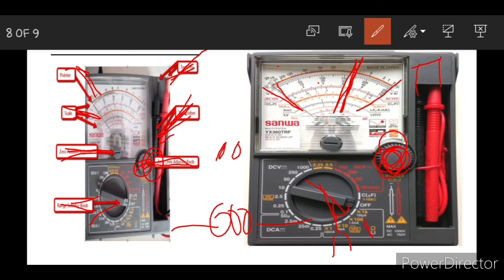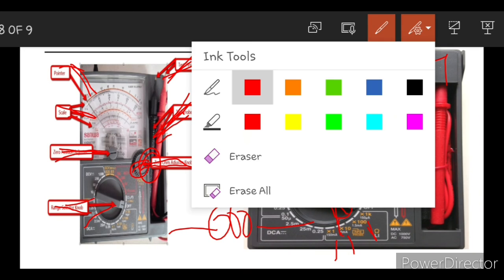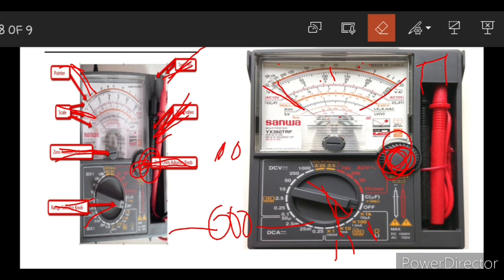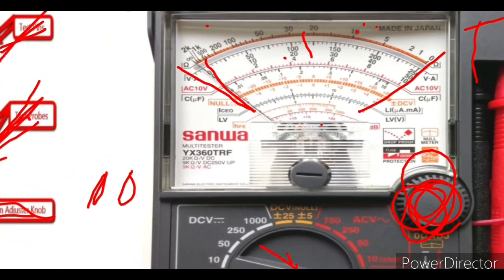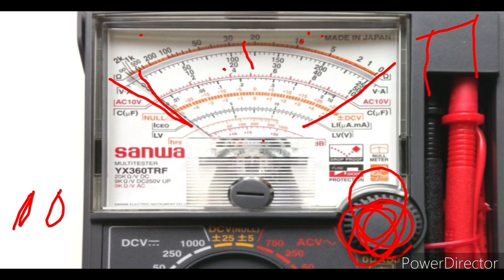So that's the reading. For example, let's have another resistor, and if the needle will be pointing at this side, to know the readings, we will count the lines: 1, 2, so it is pointing at line 2.